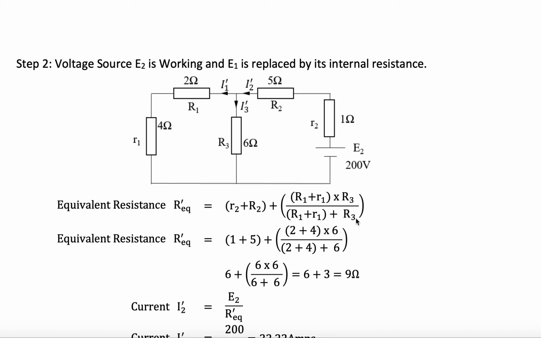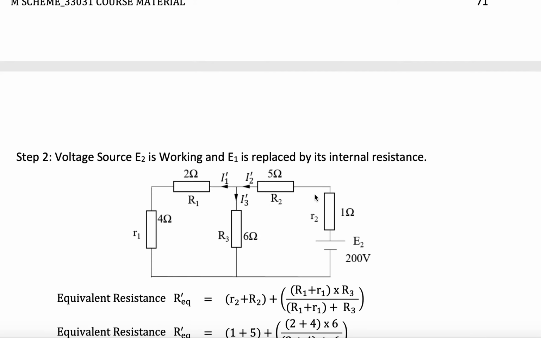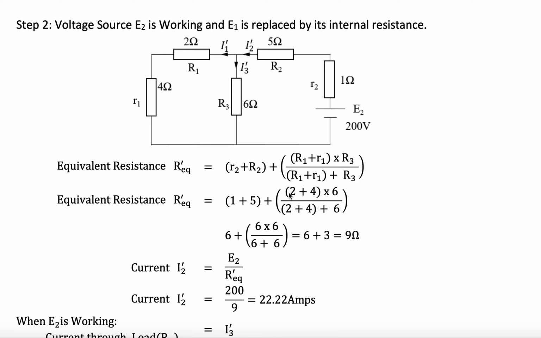What about here? Replace E1 by its internal resistance R1 and find the equivalent resistance. 6 parallel 6 is 3. 3 plus 5 is 8. 8 plus 1 is 9. Again 200 by 9 is the total current I2 dash. What about I3 dash?